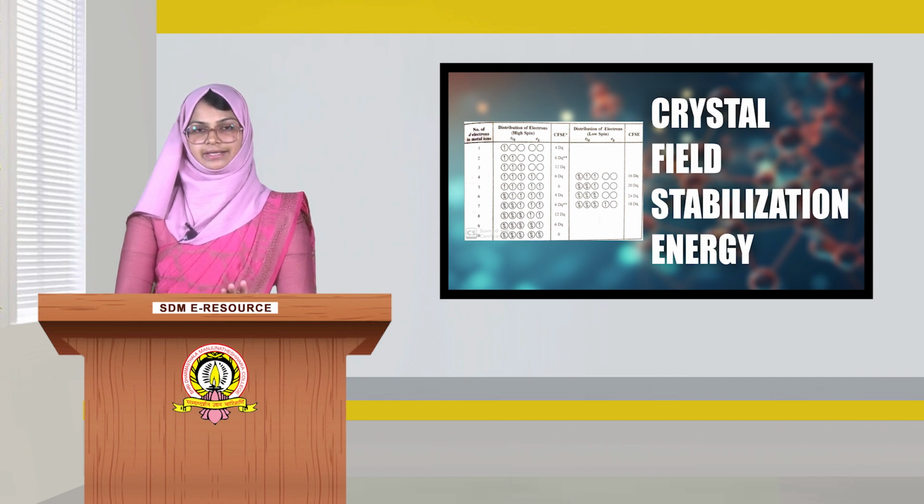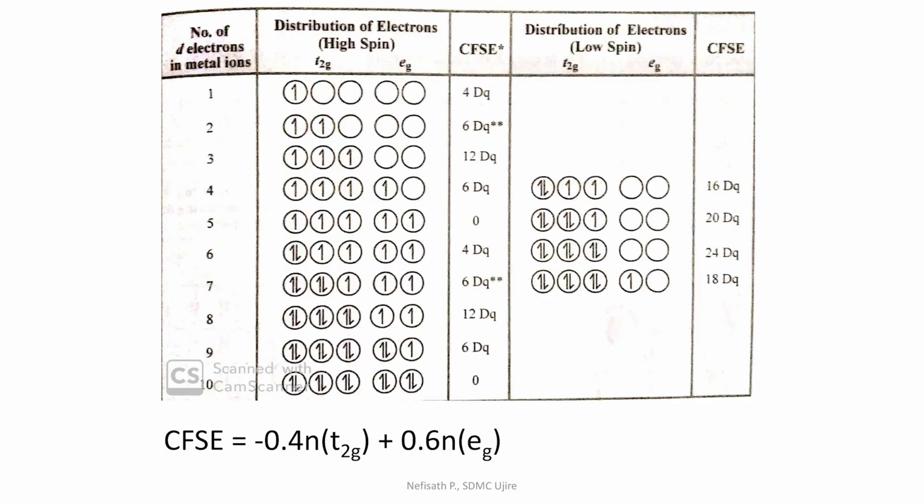Now, these two conditions will give rise to two sets of complexes, and we call them the high spin complex as well as the low spin complex, based on the high spin condition or the low spin condition. Now, let us consider the high spin complexes.